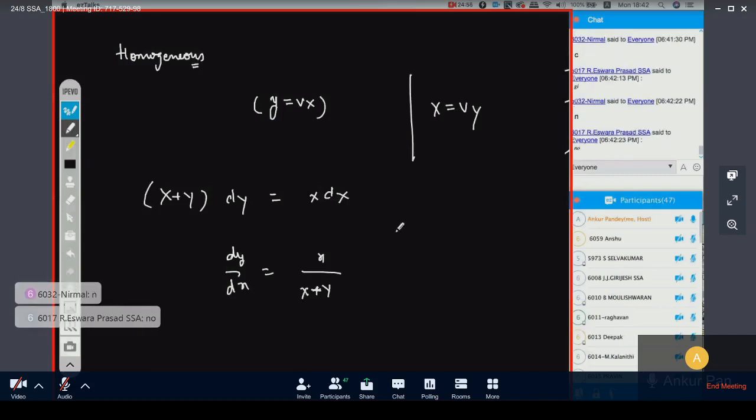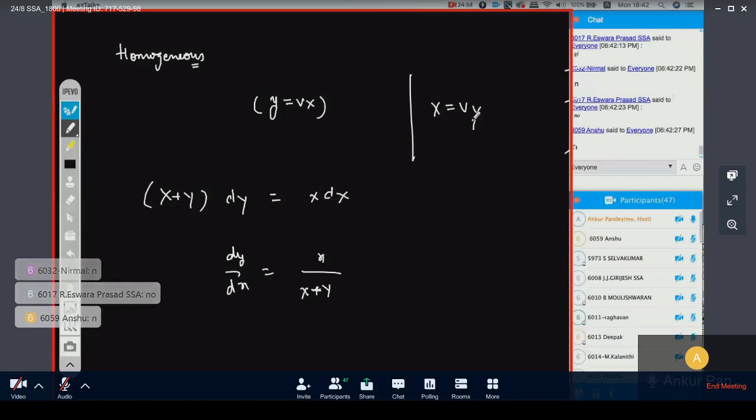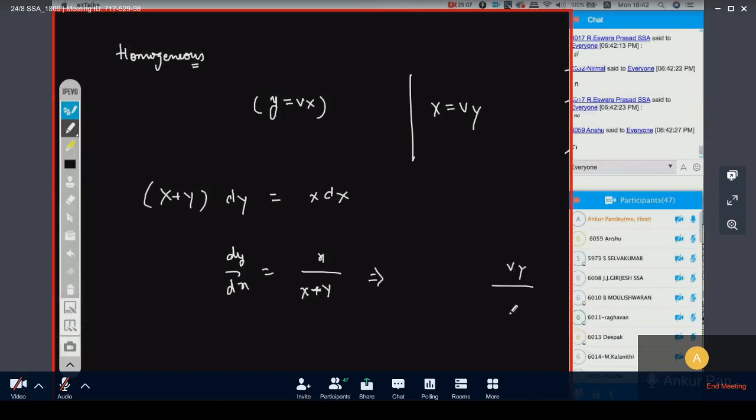Right? So what will you do? You will put x equal to v into y. So the numerator will look like v into y. From the denominator, you will take y common, 1 plus v. Yes or no?